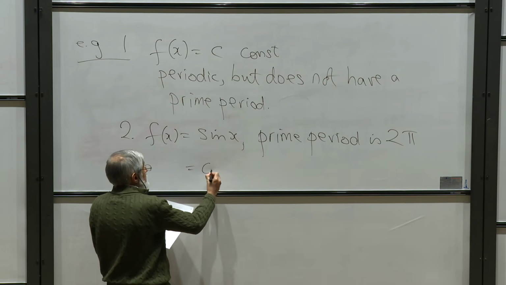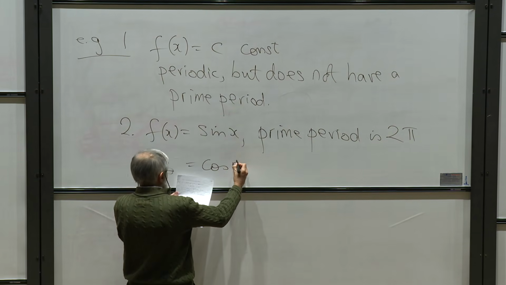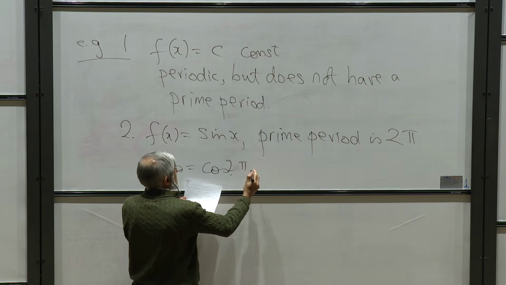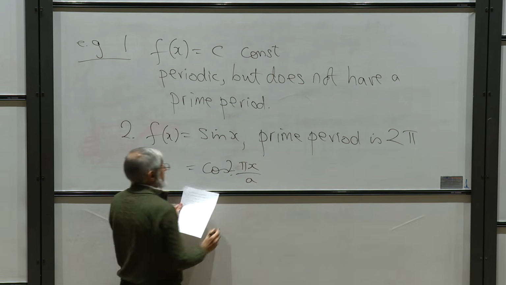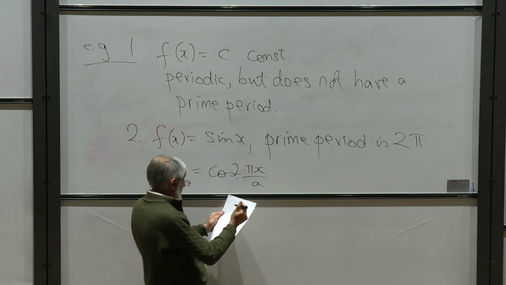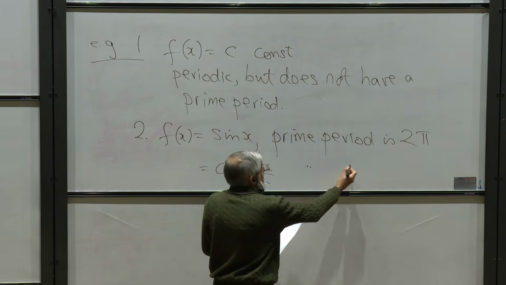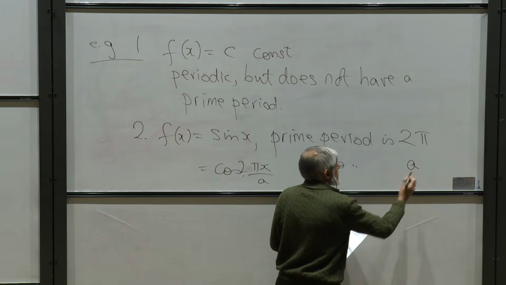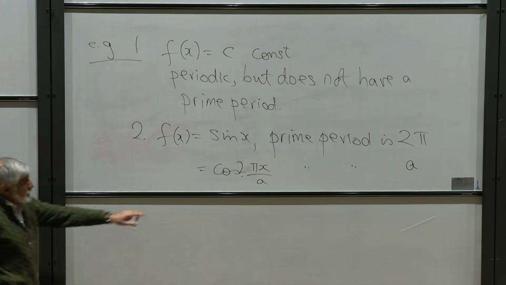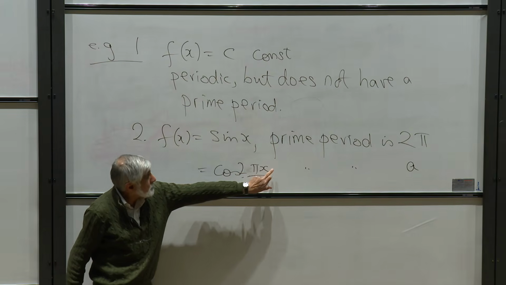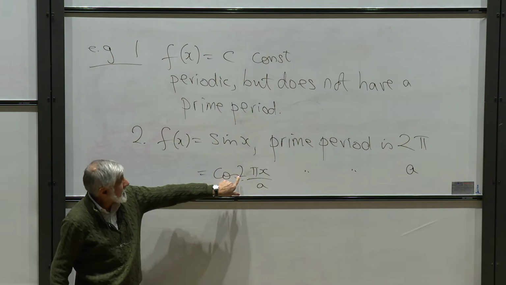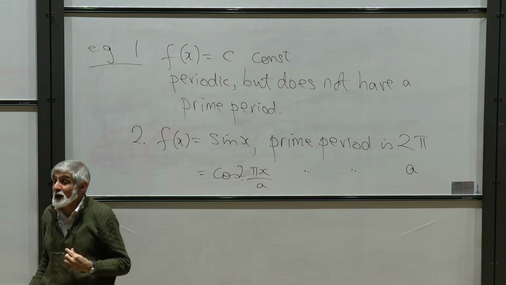Then f of x equals cos of 2 pi x over a. That's periodic, it's cos, so it's periodic. And that's got the prime period a. Because if you think about it, if you make it x plus a, then you've essentially added another 2 pi.